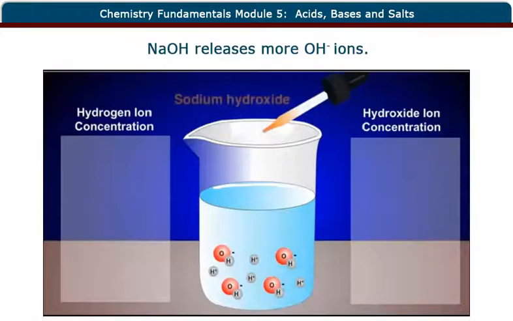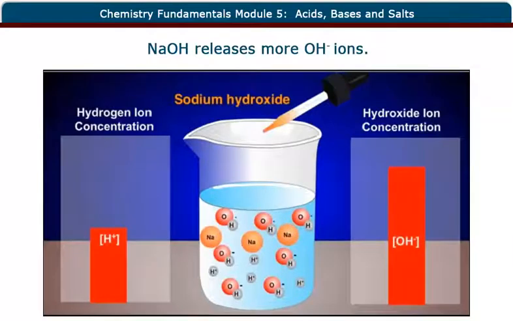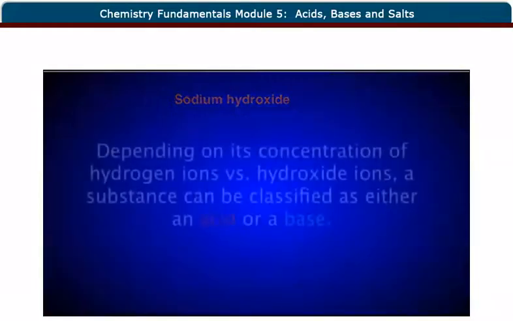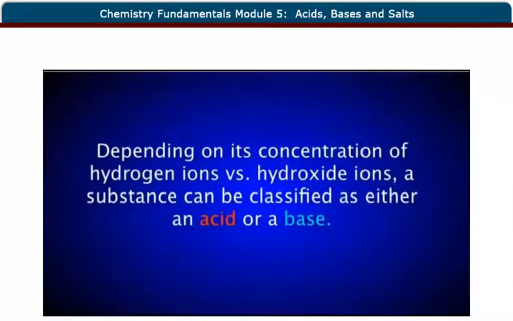Sodium hydroxide, on the other hand, releases more hydroxide ions. Depending on its concentration of hydrogen ions versus hydroxide ions, a substance can be classified as either an acid or a base.